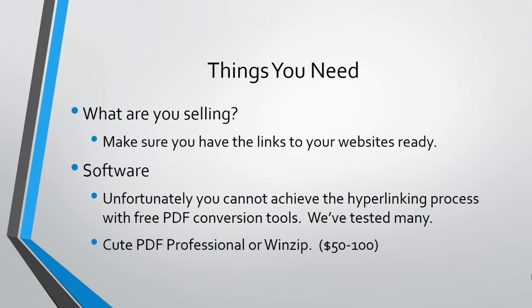One is called PDF Professional, and I've been using that for well over a decade, and they've been around for a long time. Or you can also use WinZip. WinZip is great, but it's pretty basic, and it's a win-win situation because you can also zip files up. You can actually do a lot more than just zipping files, believe it or not.